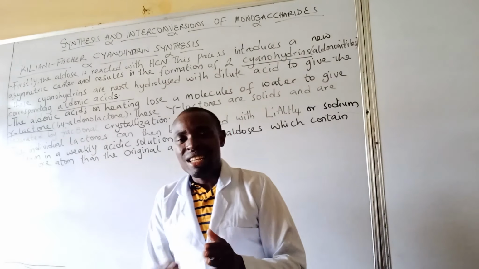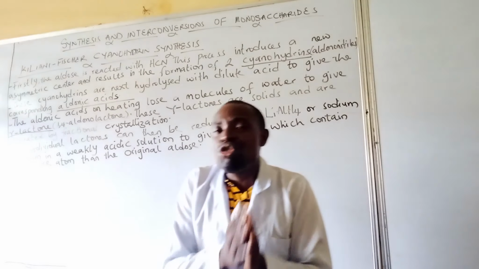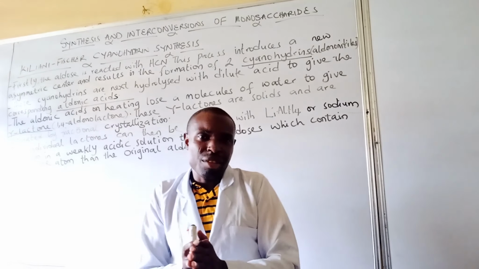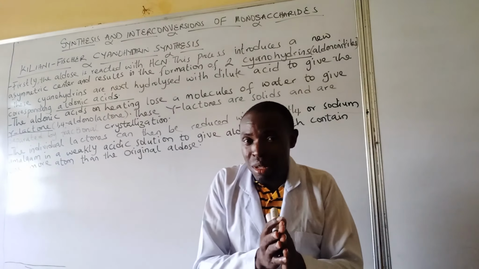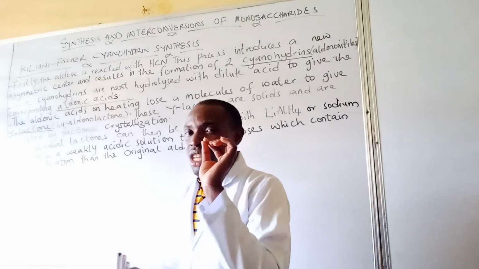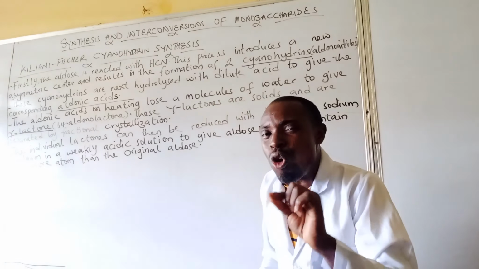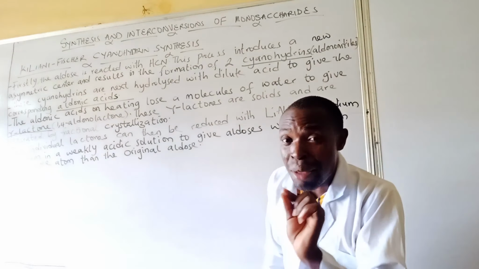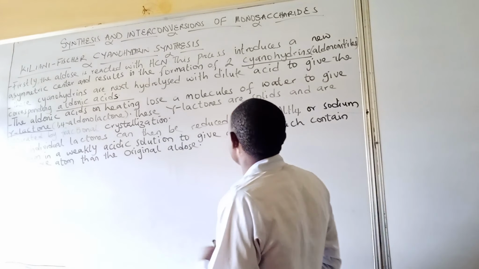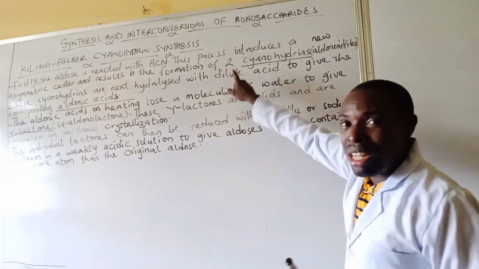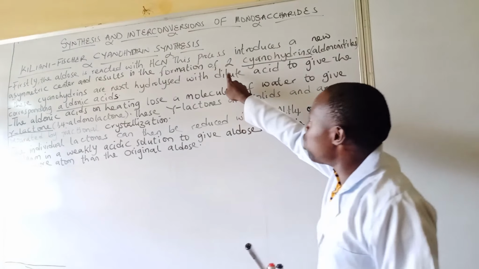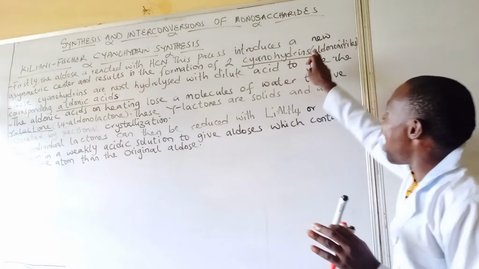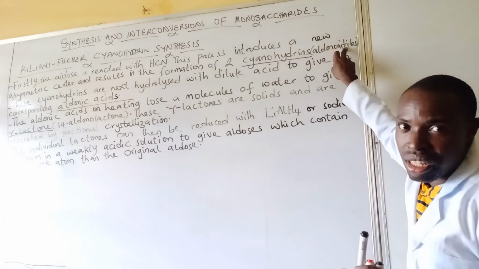Number one is that the aldose sugar is first reacted with hydrogen cyanide, which is the first step. With that, there will be an introduction of a new asymmetric center, and it will result in the formation of two cyanohydrins, which we call the aldonitriles.